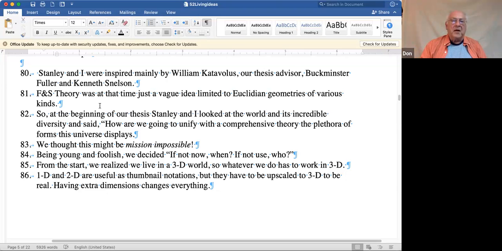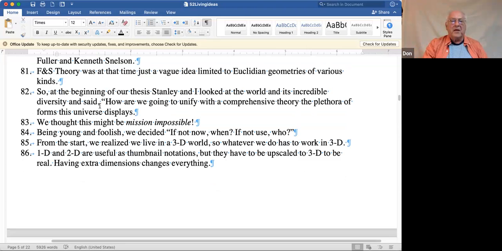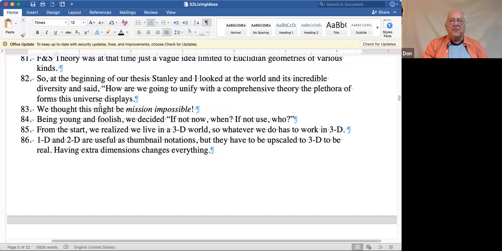From the start, we realized we lived in a 3D world. So what we do has to work three-dimensionally. 1D and 2D are useful as thumbnail notations, but they have to be scaled up to 3D to be real. Having extra dimensions changes everything.